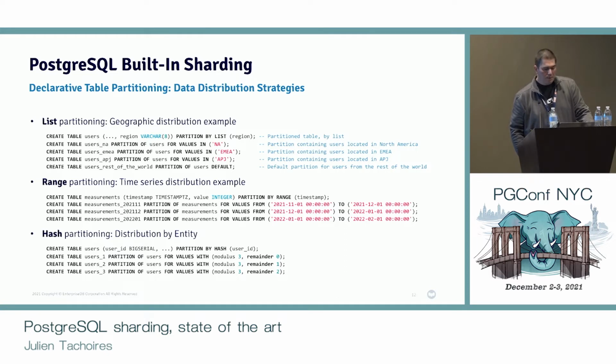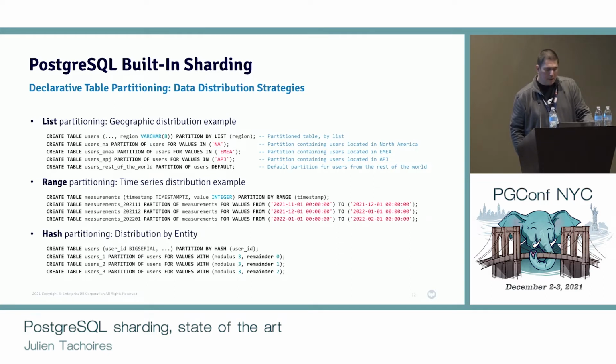So with the help of list partitioning and based on the region code, data will be located into the partition related to that region. One interesting recent feature is that it's now possible to define a default partition.